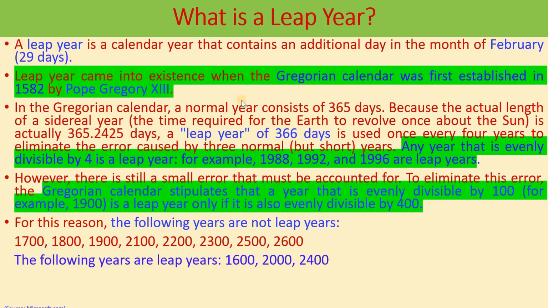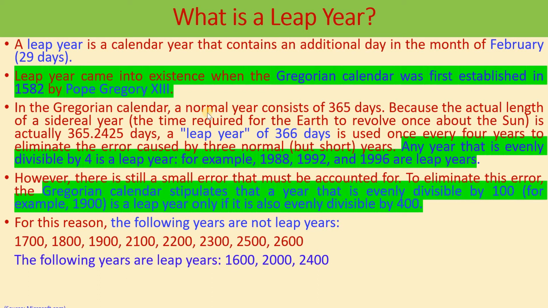This is an important aspect that we have to remember while writing the Python code. We have to restrict the year input by the user to years 1582 or later, because if the user inputs a year which is less than 1582, the concept of leap year was not in existence.